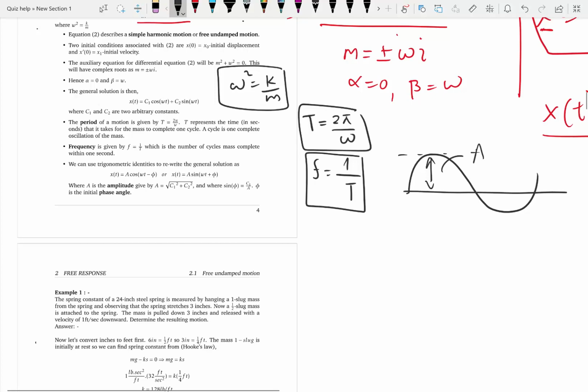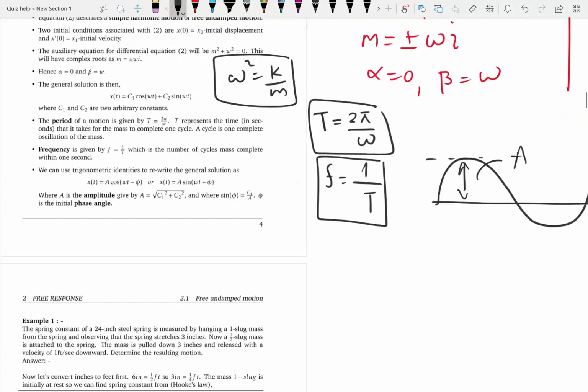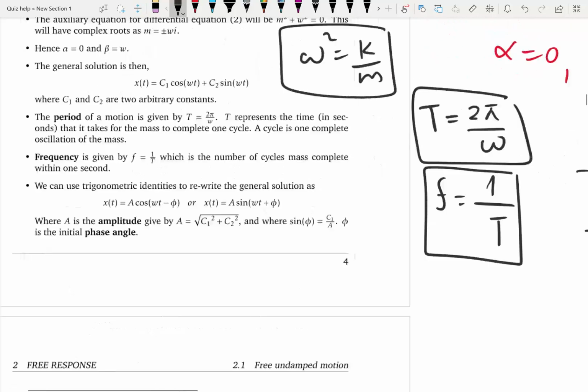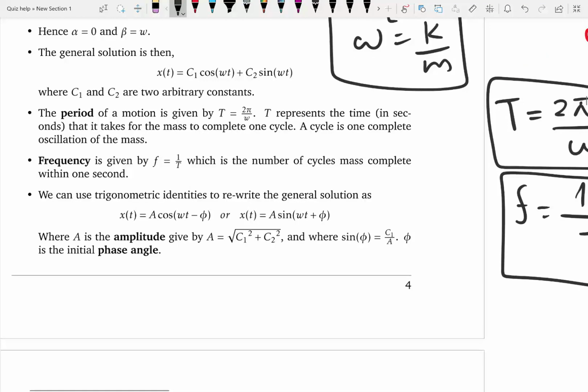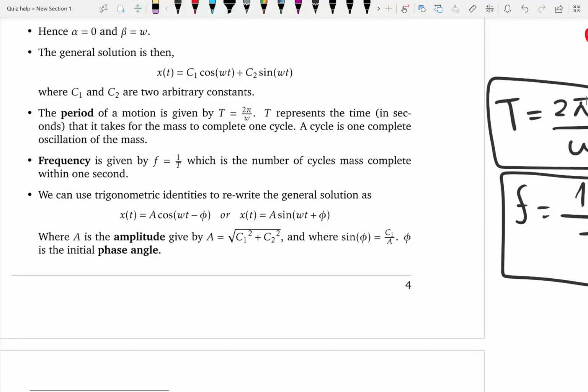Okay, all right. So then, we are going to use a magic trick. We know the solution looks like this, where C1 and C2 are two arbitrary constants. We said the motion is C1 cosine plus C2 sine. We can use trigonometric identities, which you are not going to do in this course, and we do not expect you to write the solution in the simpler version, but we can use the simpler version.